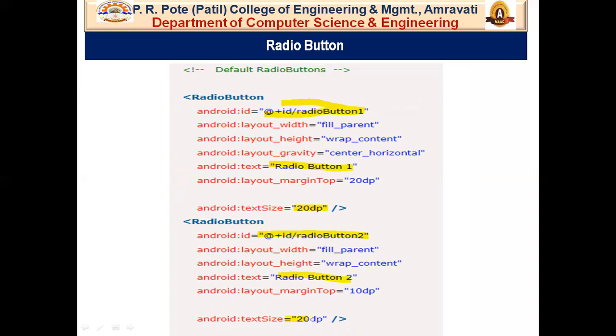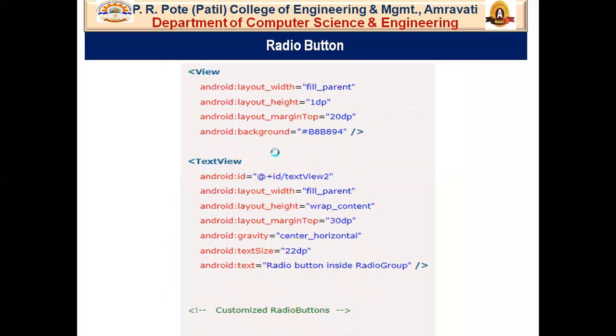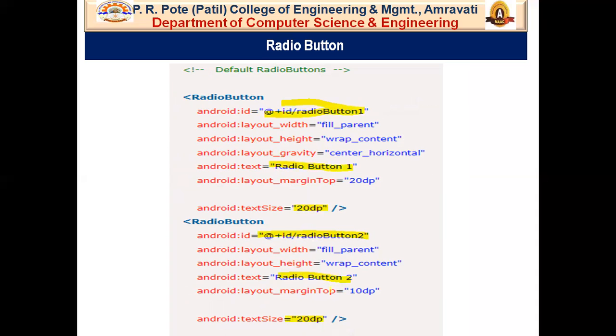Again the text size is 20 dp. Now these are two simple radio buttons. It means that once you mark check, you cannot mark uncheck these radio buttons because this is the property of radio button. So inside the first text view, we have two radio buttons, radio button 1 and radio button 2.